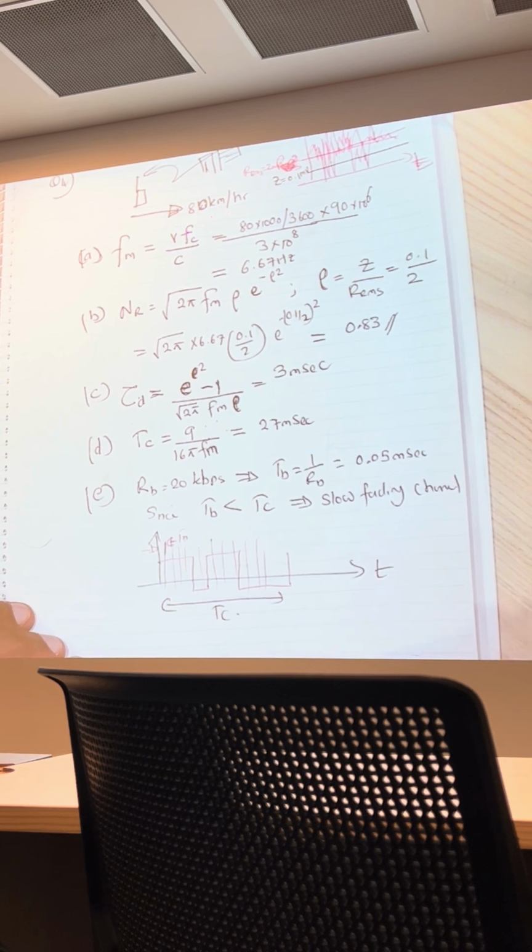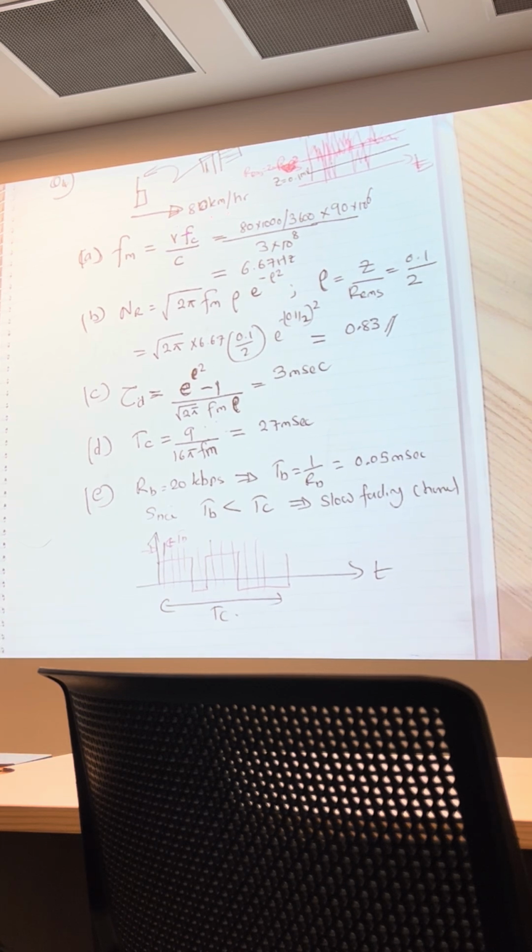So it's a slow fading channel. This is what you need to understand from this problem. So small scale fading, to quickly summarize, has two main causes: mobility leading to Doppler, and hence a resulting coherence time of the channel. And the second cause is multipath effect, leading to coherence bandwidth of the channel that affects the bandwidth of the signal that will be transmitted.